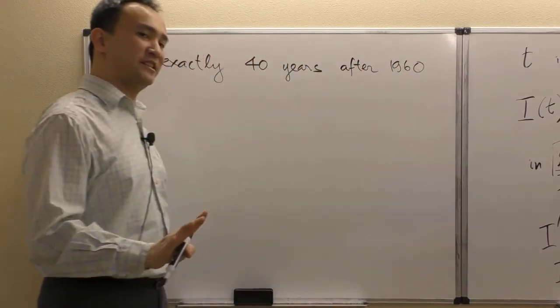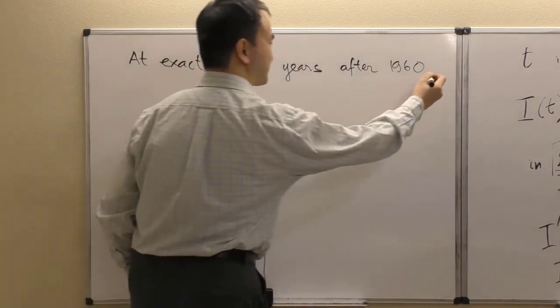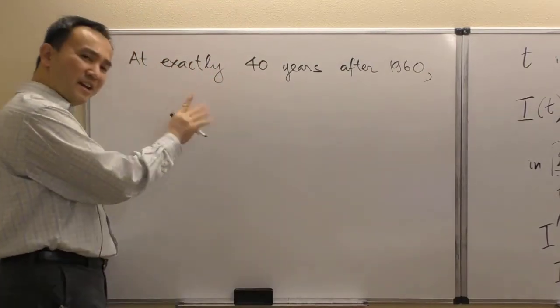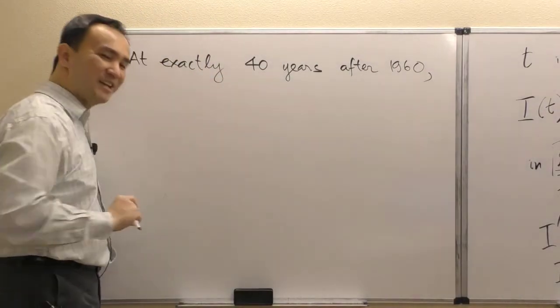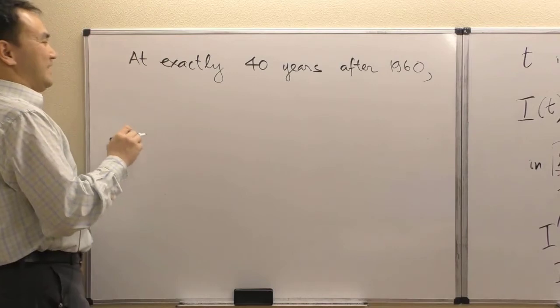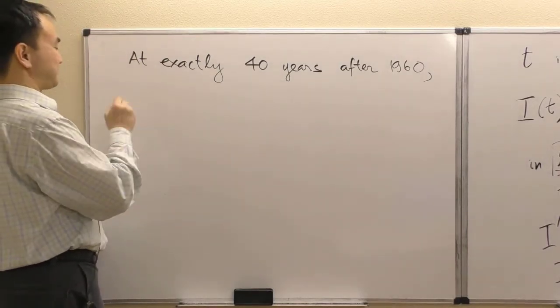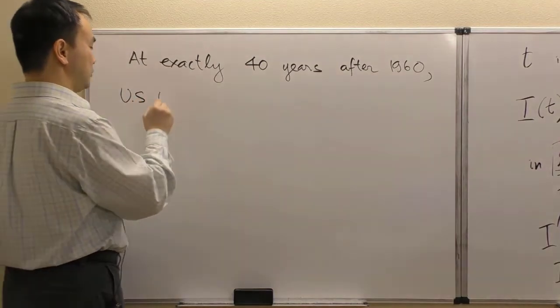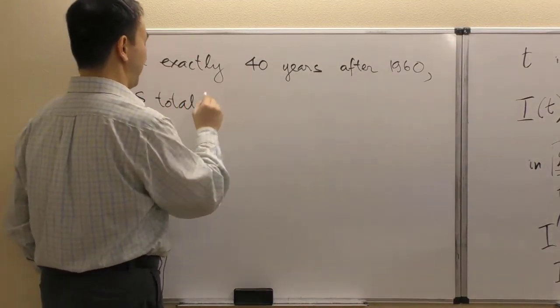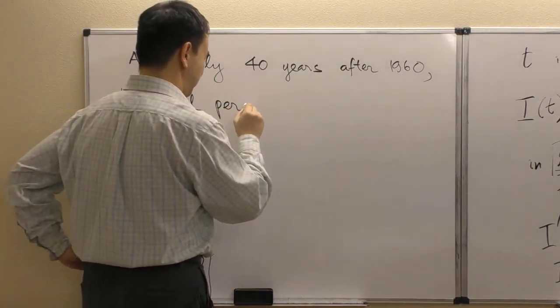That's precisely how we can say that, okay. So that's indicating it's only one single instance, okay, all right. And so at exactly 40 years after 1960, U.S. total personal income.